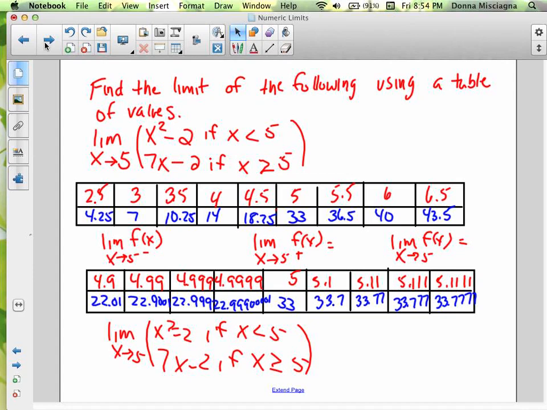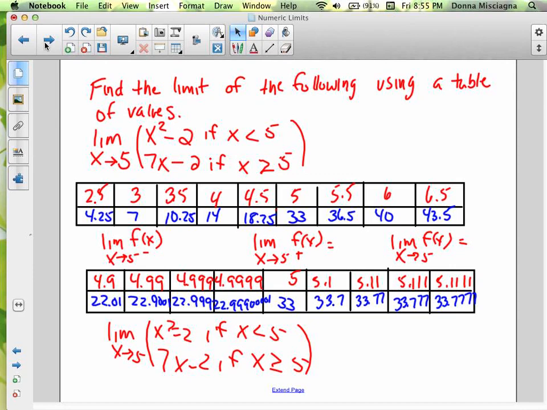So now I plugged in values that were much, much closer to 5: 4.9, 4.99, 4.999. So we're very close to 5. Now let's look at our left-hand limit. 22.01, 22.9001, 22.999, 22.9990001. I think that was supposed to be 22.99 and 0001. I think I ran out of space and left off some of the zeros and decided just to use that much of the number.